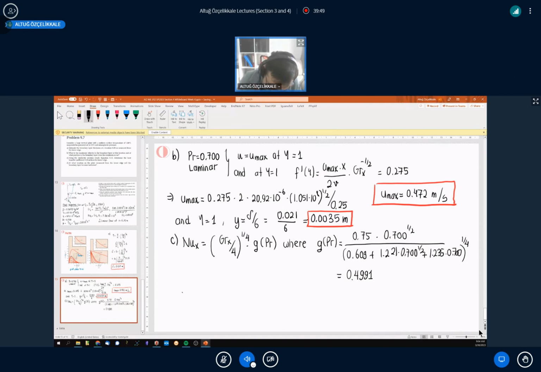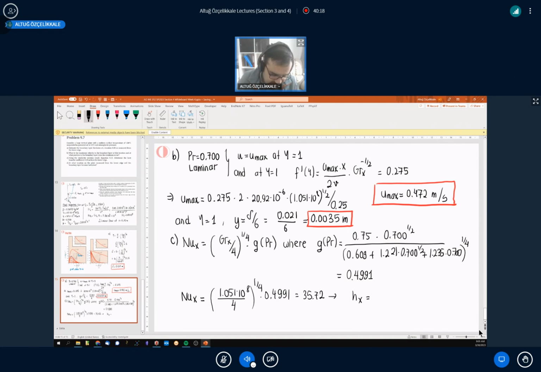Therefore, we can calculate the Nusselt number as 1.051 times 10 to the power 8 divided by 4 raised to the power 1/4 multiplied by this. And this is going to be equal to 35.72. And from here, we can calculate h. That's the local h at that particular location. I might drop this x, right?